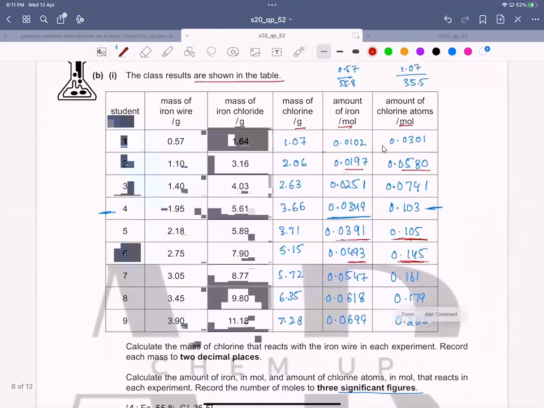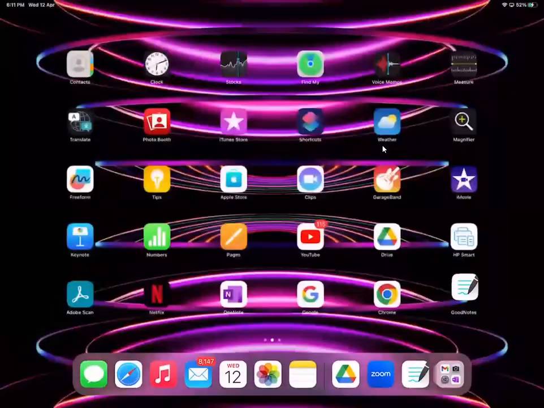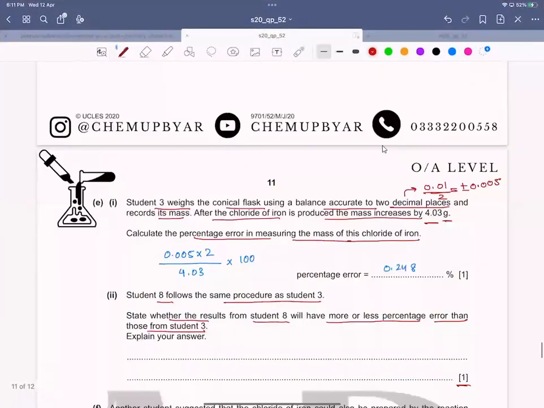So if you see, that is student 3, right? Here the mass is 4.03, and for student 8 the mass is 9.80. So what would happen?